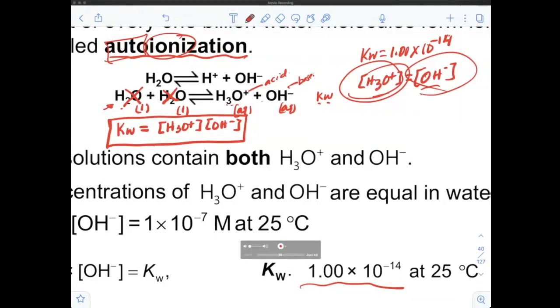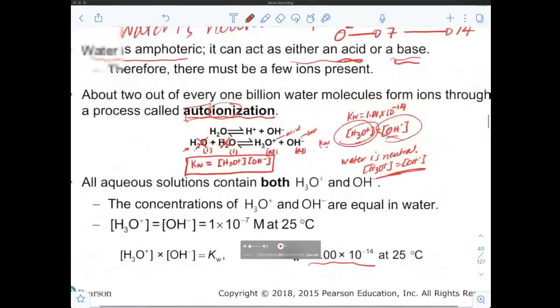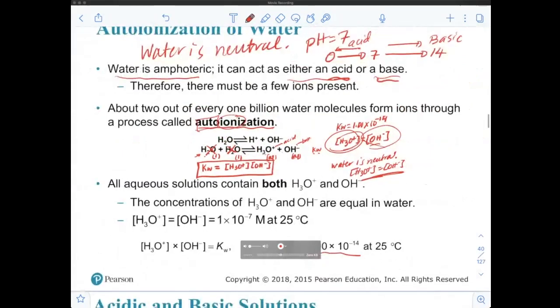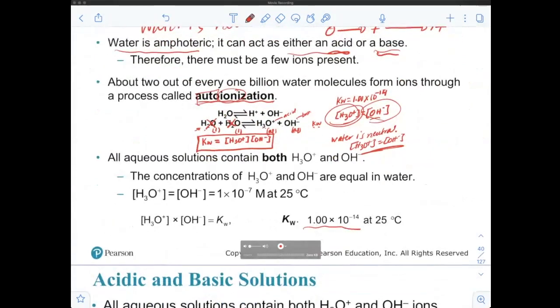So in water, the acid strength and the base strength are matched. We have a draw, and that's why we can say water is neutral, because the hydronium ion concentration matches the hydroxide ion concentration. It's a draw. I like using sports analogies for a lot of sports that I don't even know.